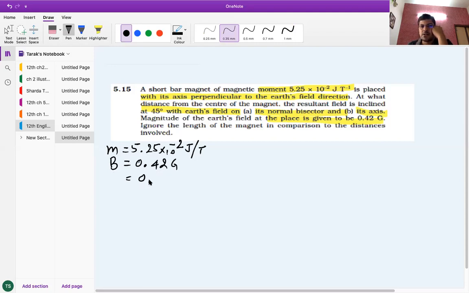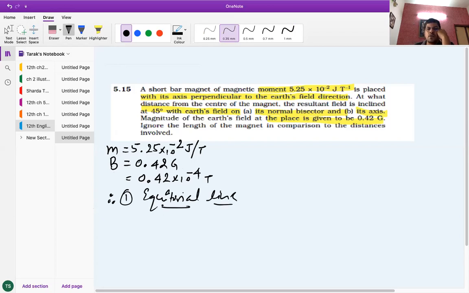So I convert it in terms of Tesla: 0.42 × 10^-4 Tesla. I want to find it out. First of all, they have mentioned the bisector, which means the equatorial line. So first of all, I am using this equation: B equals mu 0 divided by 4 pi times m upon r cube.